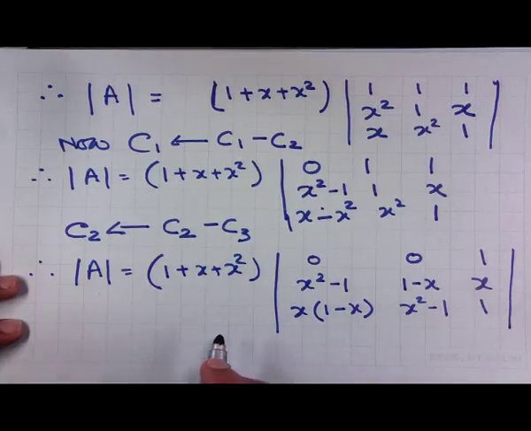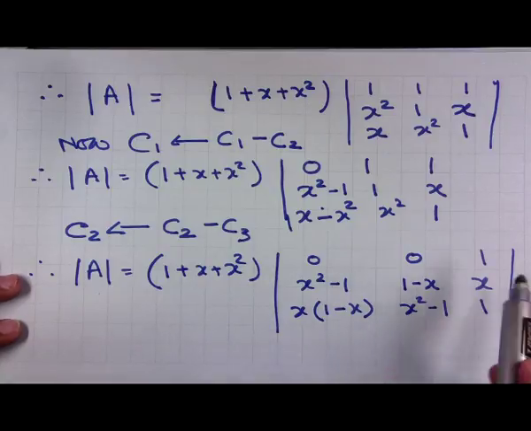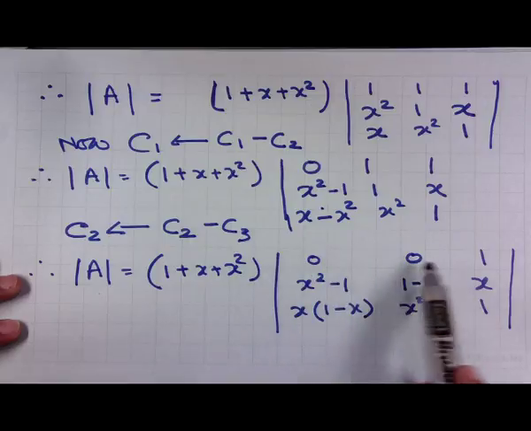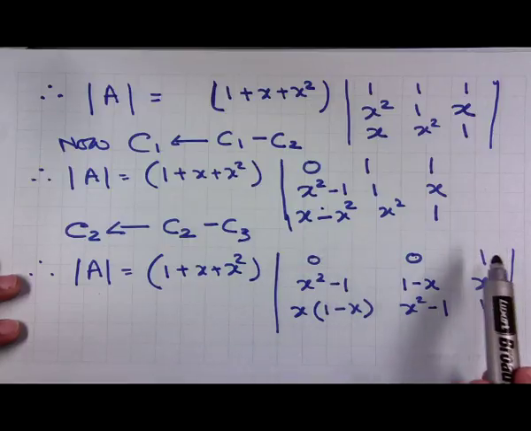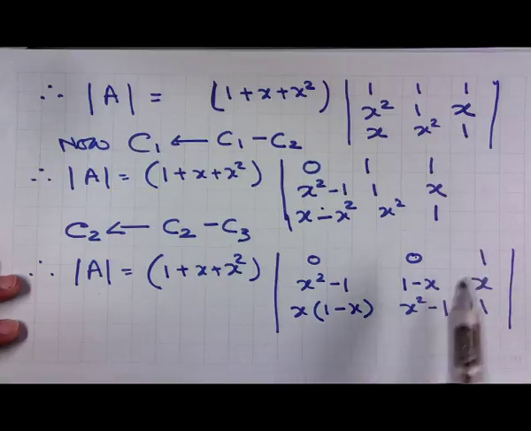What is the advantage? The advantage is that now in the first row we have two zeros and only one non-zero element, which is 1.